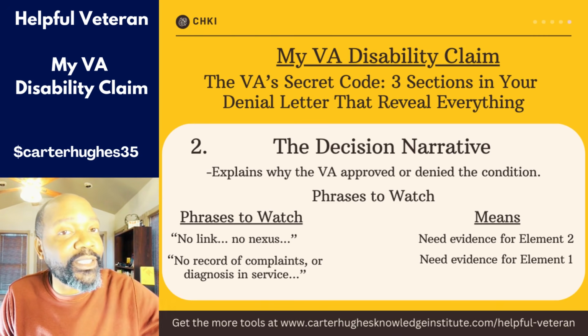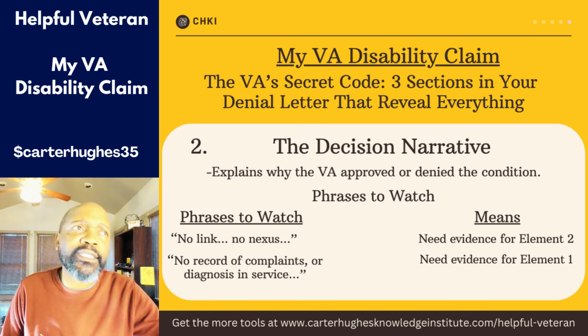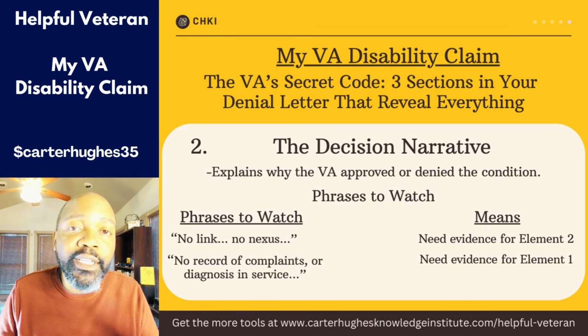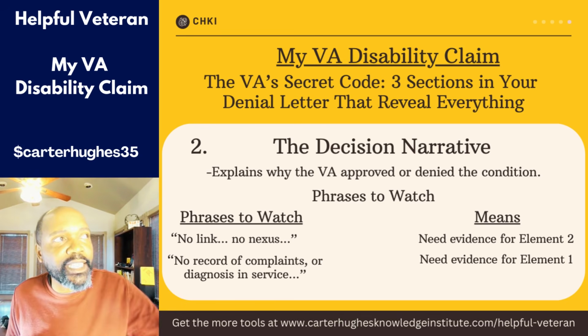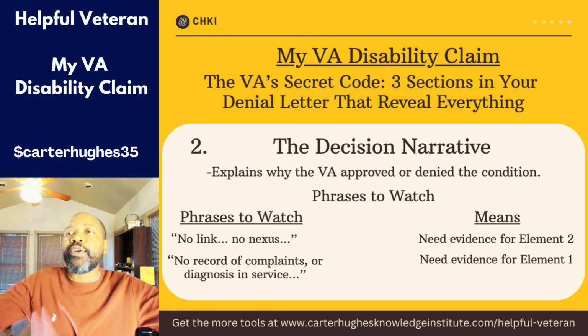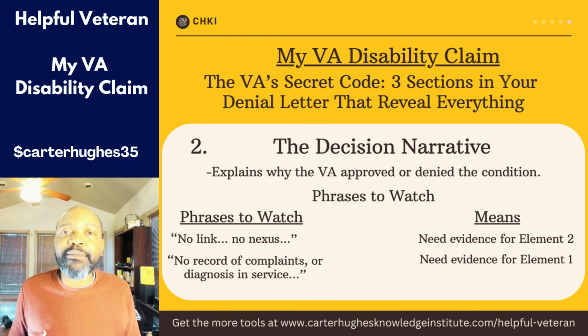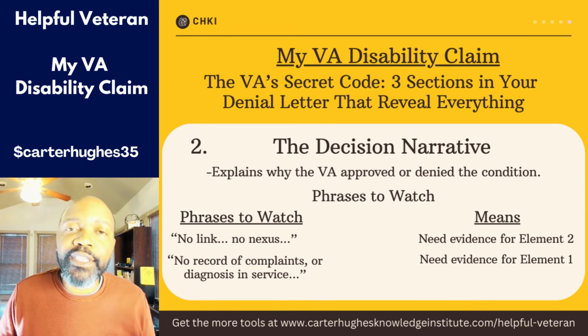But that's why you need to understand the phrases, this language that they're using. What is that nexus? What does that mean? All it means is you need more evidence that you continue to suffer from these symptoms from separation up until now. Let's say you separated in 1998, you filed a claim in 2020. That's 22 years. So we're going to need some evidence from over that time to show that you've been dealing with this disability.